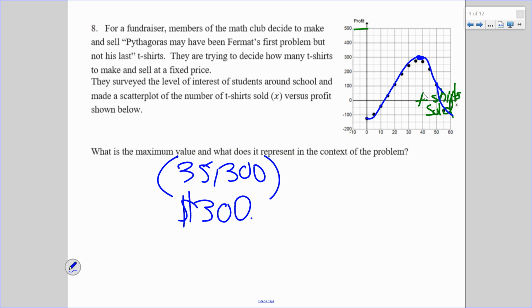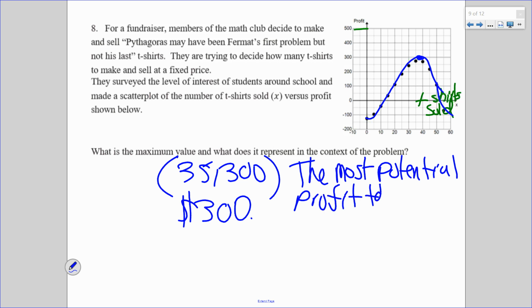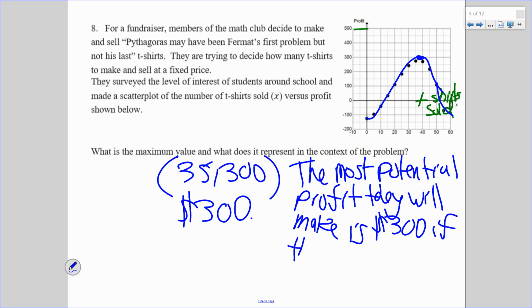What does it mean in the context of the problem? It means that the most potential profit they will make is $300 if they sell 35.